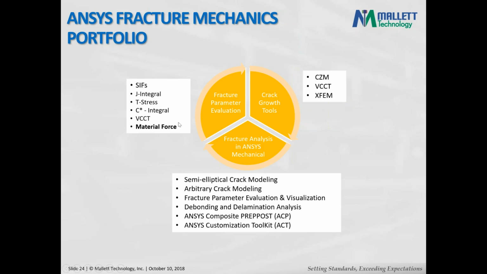Material force. So in ANSYS fracture mechanics with 19.2, you can do these fracture parameter evaluations. And again, the reason we do that is because we want to compare the stress intensity factor or J integral values to the critical values, so that we can make an immediate judgment call as an engineer if there will be immediate fracture or not.